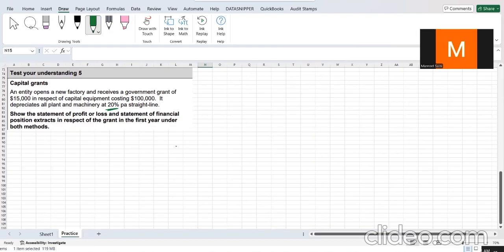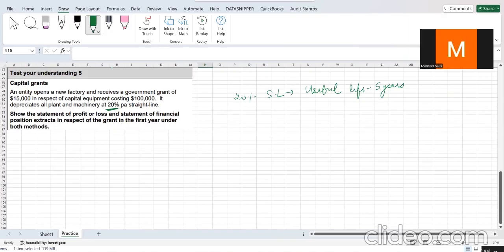It means if it is 20% straight line, the useful life would be 5 years, right? If I divide anything by 5, it would give me 20%, or you can use 20% as well.